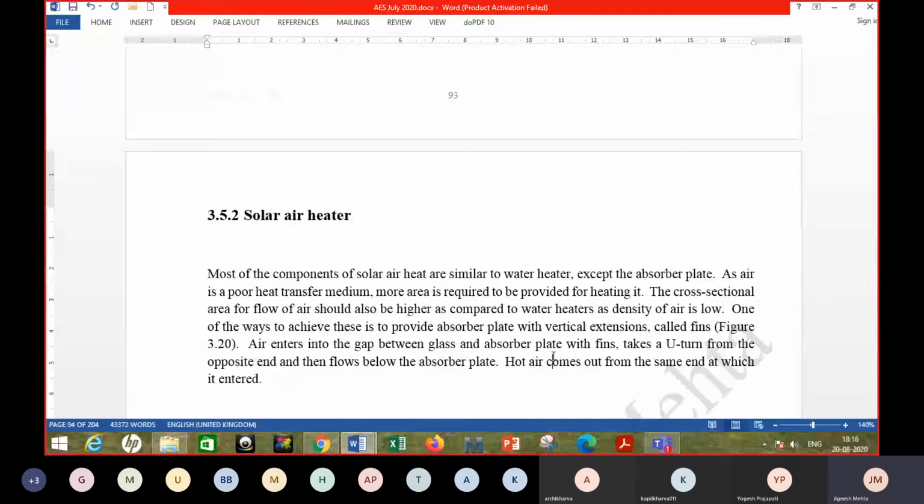That kind of application arises in winters, particularly in colder climates, high latitude places. So let's say the northern part of India in winter would need space heating. For that, one may provide the air which is heated with the help of the solar energy.